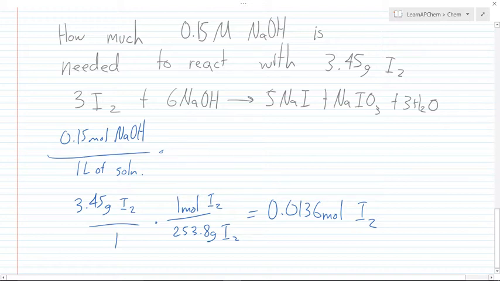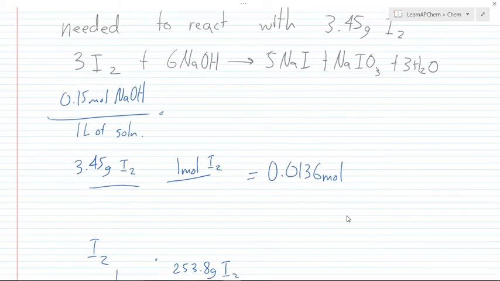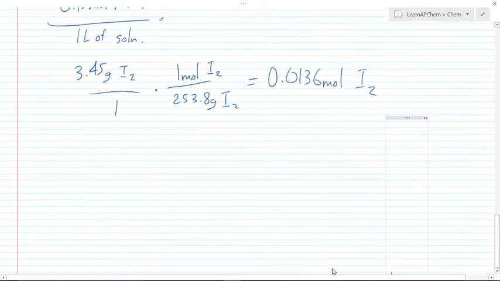Actually, here's the best way. Let me get myself a little more space here on the problem. Okay, there we go.